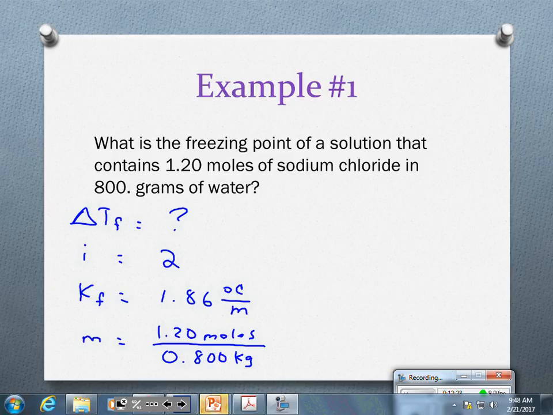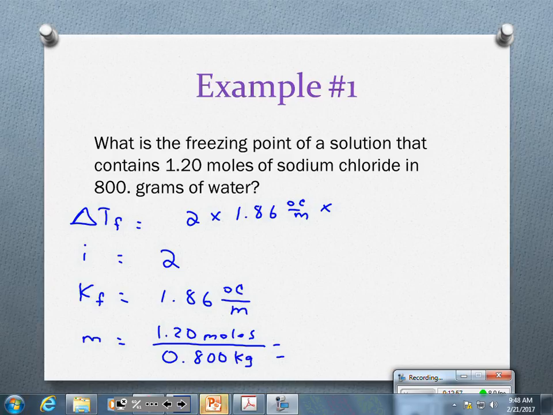kilograms. So when I do my total equation up here, I'm going to take Van Hoff's factor, times it by 1.86 degrees Celsius per molal. Then I'm going to times it by the value I get right here for my molality, which is 1.20 divided by 0.8.